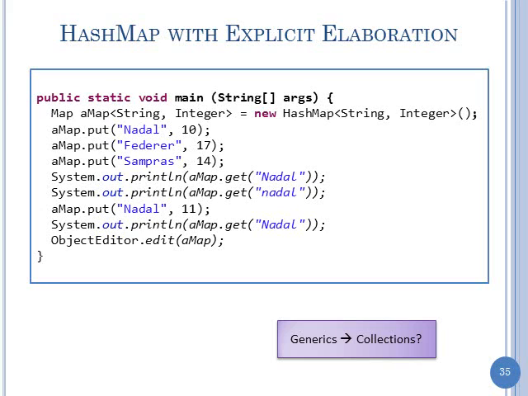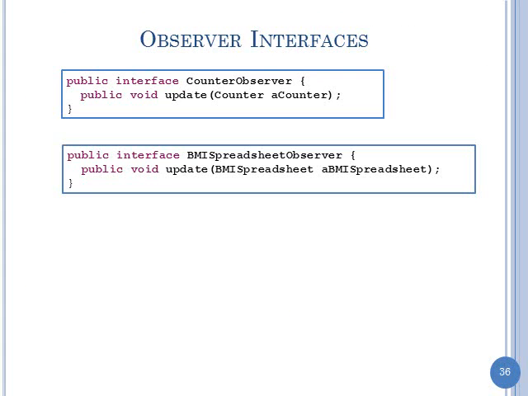Anything else? So I asked this question the last time I taught this class. I had a more complicated answer here because I had done something called visitor, and somebody said observer, and so I thought about it. So I have a counter observer that has an update method, which takes the observable as an argument. I have a BMI spreadsheet observer, which has an update method that takes a BMI spreadsheet as an argument.